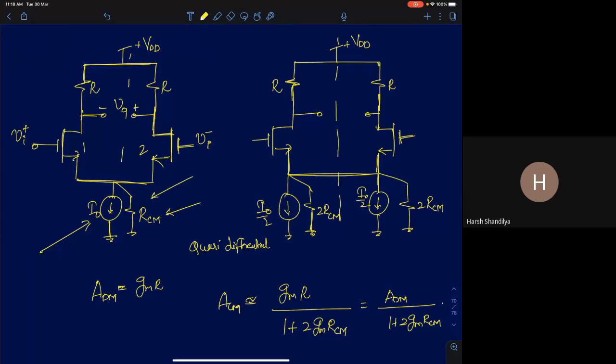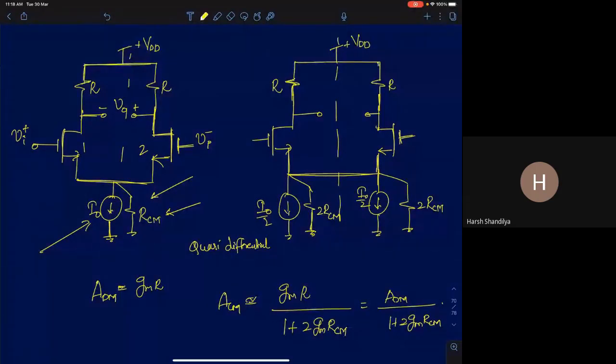We said that even now, to analyze the circuit, we will still use the half circuit concept because it makes the analysis easier, but I'm going to analyze both halves.